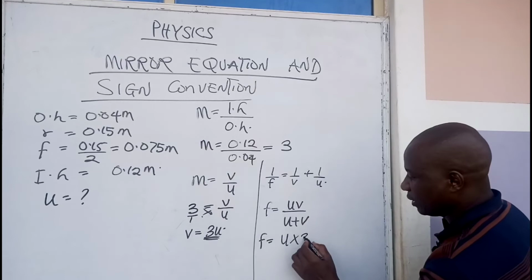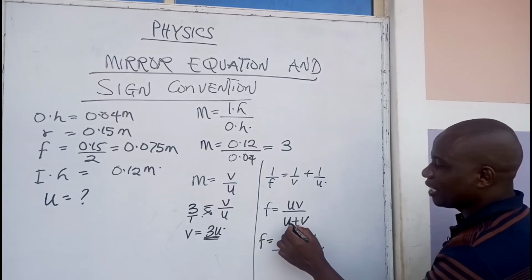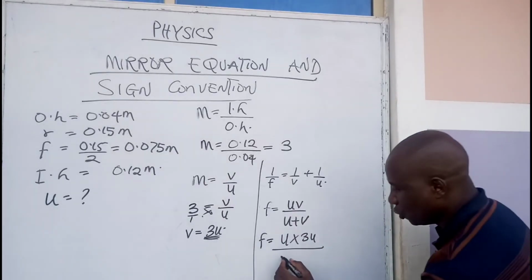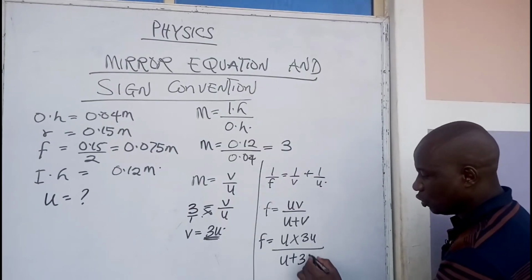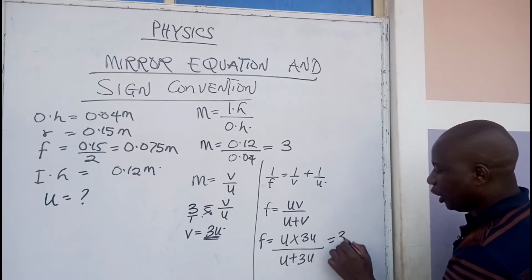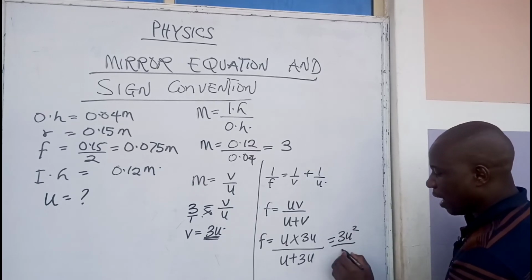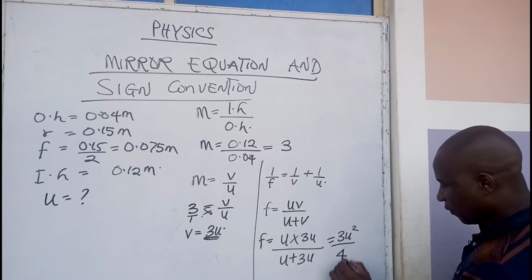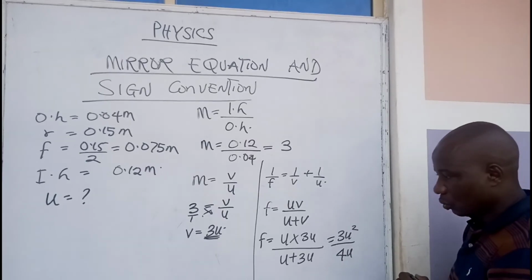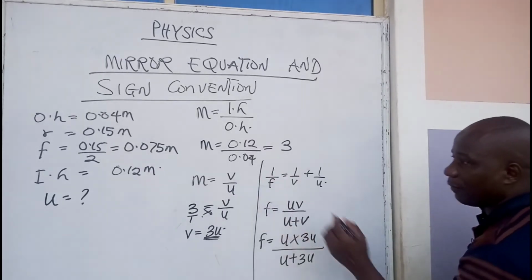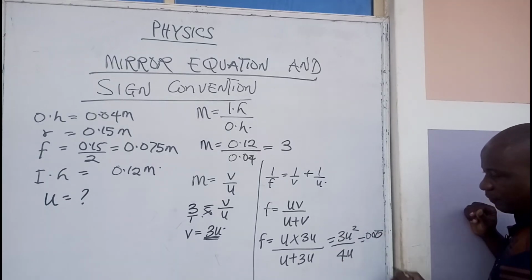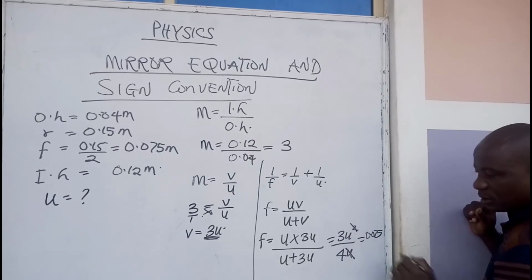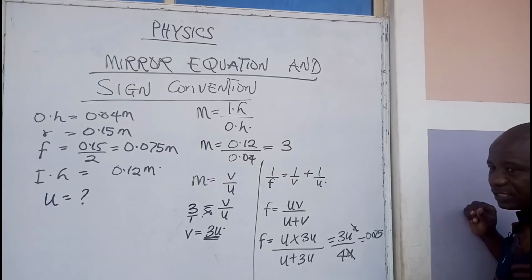So 3U all over U plus 3U. And this one will give me 3U squared all over 4U is equal to F, which is 0.075. So U here, we cancel this. Is that understood?